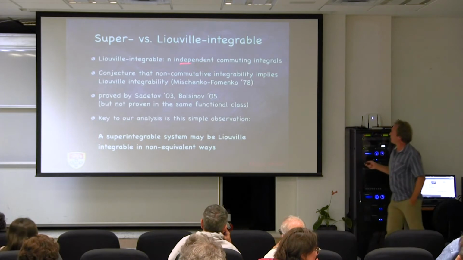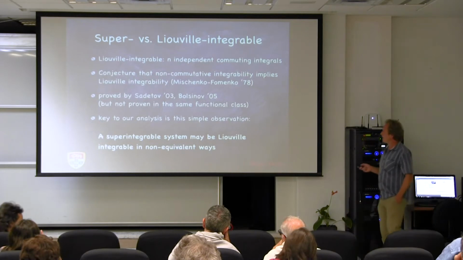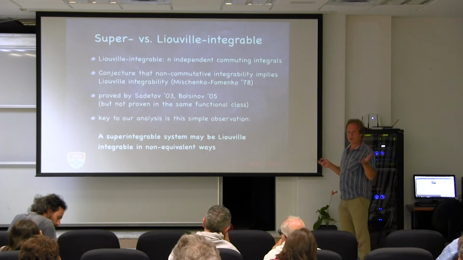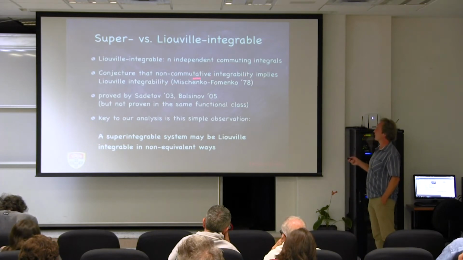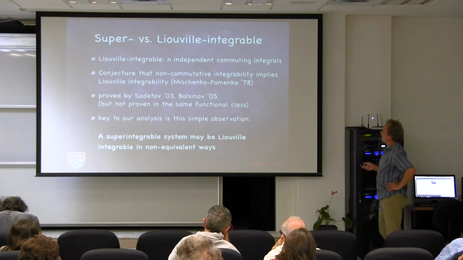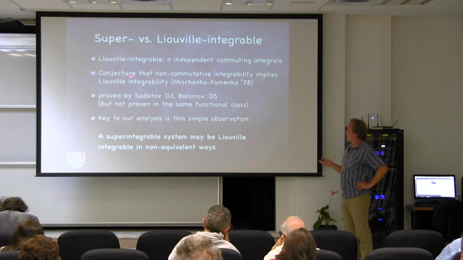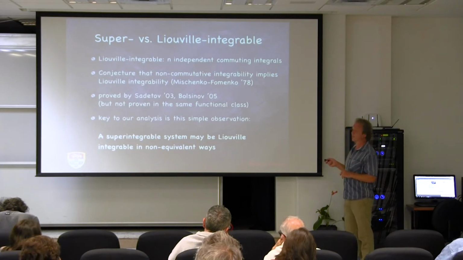Okay, so Liouville integrable means n independent commuting integrals. If you have a system that is superintegrable, or sometimes called non-commutatively integrable, a terminology that goes back to Mishchenko and Fomenko, they conjectured that if a system is non-commutatively integrable, it is also Liouville integrable.